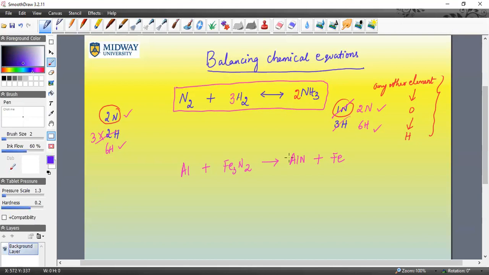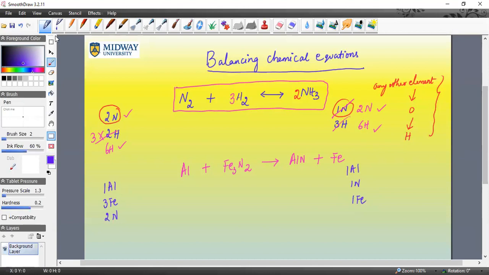So it really doesn't matter which one you pick and which one you solve first. I'm going to write down first exactly what I have on the left side. I have 1 aluminum, 3 iron pieces, and 2 nitrogen pieces. On this side, I have 1 aluminum, 1 nitrogen, and 1 iron, right? Now, the aluminum is 1 to 1, so it's not something I would really worry about because by the time you finish everybody else, it would automatically work itself out.